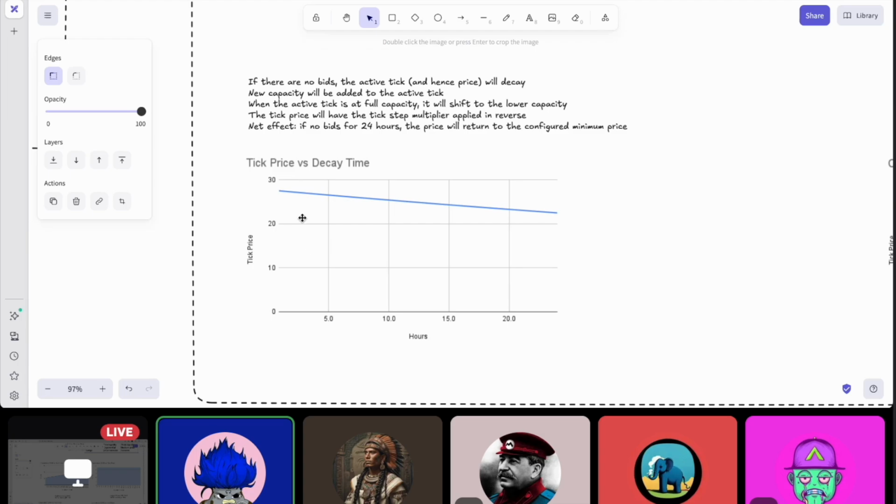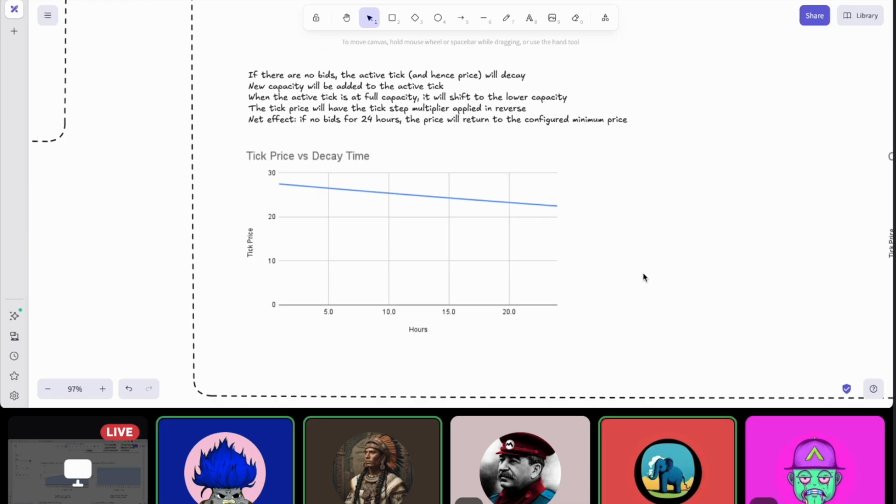You can see this here, that if the price was at, I think, $27, and there were no bids, over the course of 24 hours it would drop down, and it would continue dropping provided there are no bids, back to the minimum, which is in this case 22.5. What would be more likely is that somewhere in here it would hit an equilibrium, someone would bid, and then it would decay a little bit, and then someone would bid, and it would just go up and down.